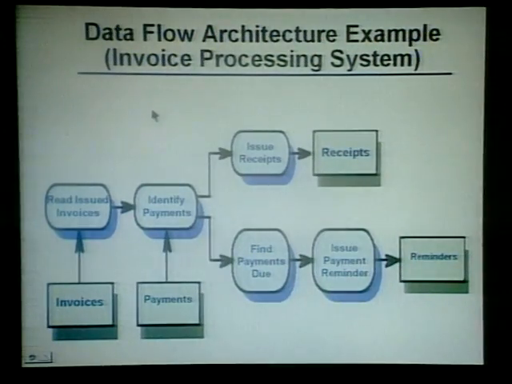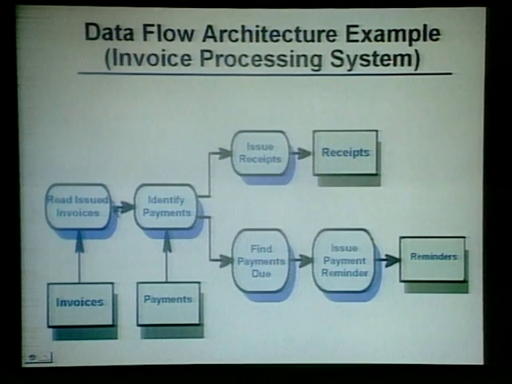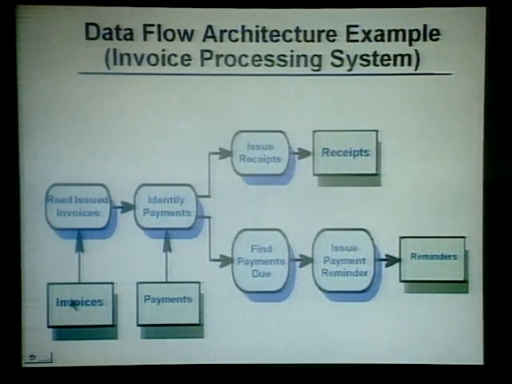So we have an invoice processing system. There are a number of filters which are connected with the help of pipes. Each filter receives some data, and that data may come from some external entity. Then the filter does some kind of processing on the data and produces some output, which becomes the input to the next filter in the architecture.